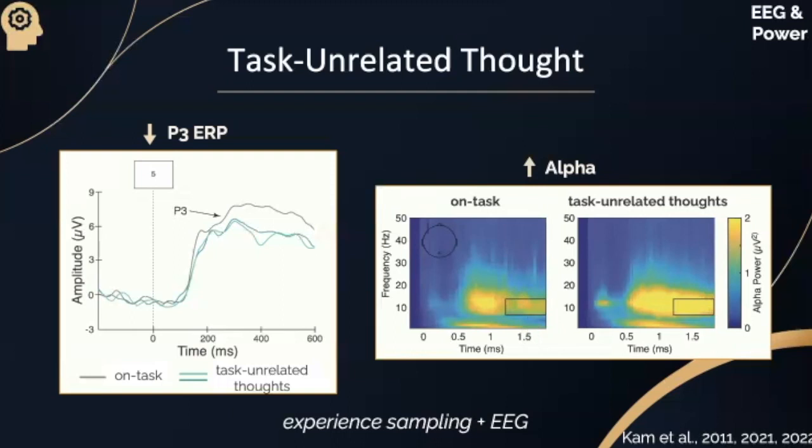Now, given the alpha activity occurred during a time window that is beyond the stimulus-evoked activity time window, this suggests that alpha activity may serve as an index of task-unrelated thought itself. Our recent systematic review on the electrophysiological signatures of task-unrelated thought also revealed similar patterns of findings, such as these ones shown here, across existing studies that also used experience sampling and EEG.